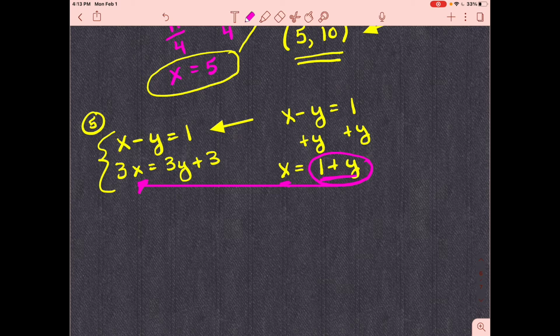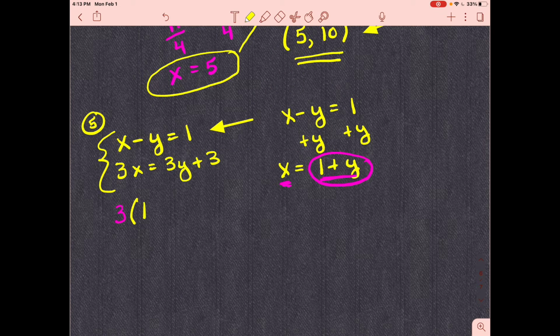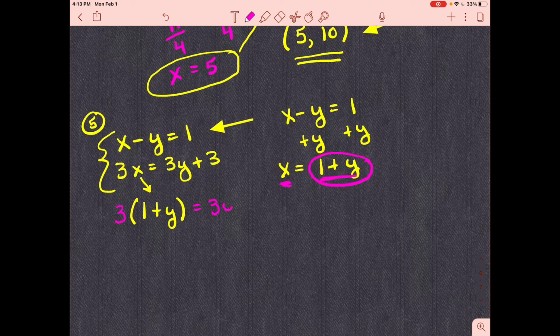So let's go 3 times 1 plus y, that's instead of the x, equals 3y plus 3. Okay, we need to use the distributive property here. So we have 3 times 1 is 3, and we have 3 times y is 3y.